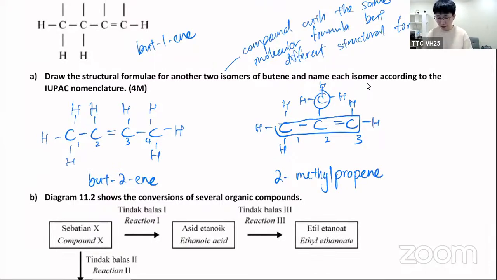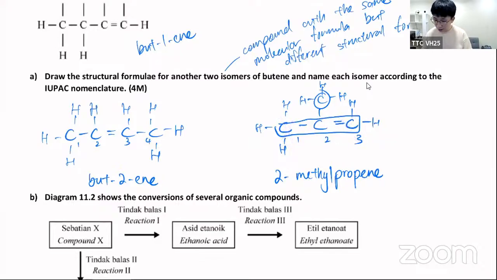So therefore, instead of moving the bond, I can actually reduce the number of carbon. From 4 carbon, I can take 1 out, like playing Lego. I pluck 1 C out. Now I'm left with 3 C. Then the 1 C I plucked out, I cannot throw away because I still need to put it back. Put it back to the center carbon, as long as the carbon is not the first and the last.